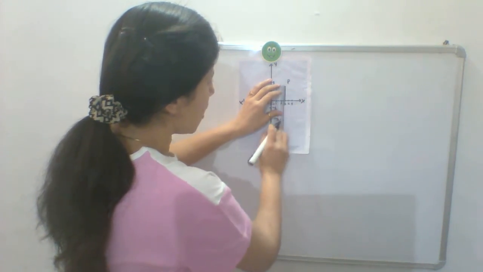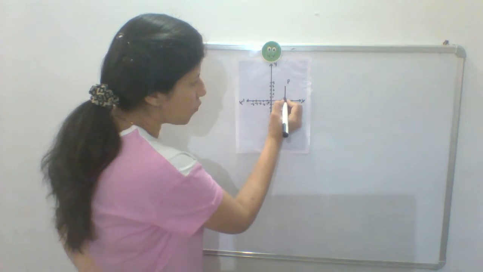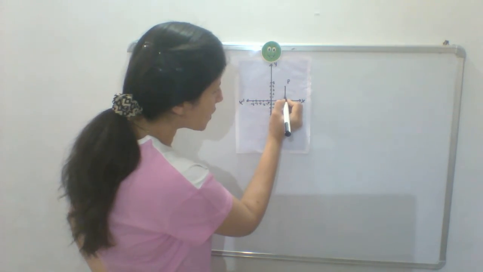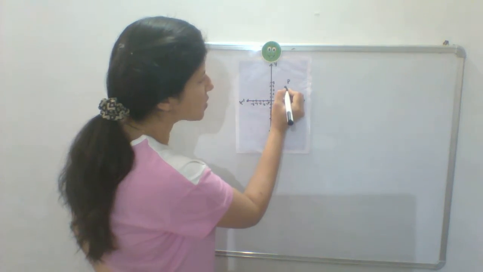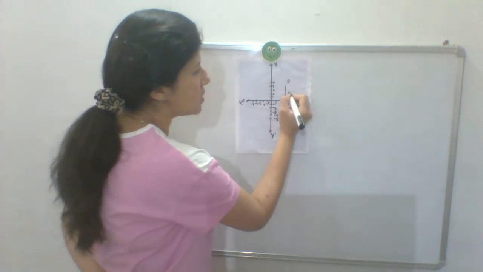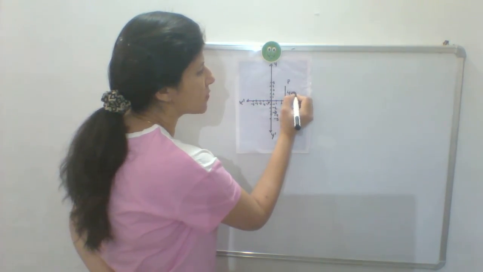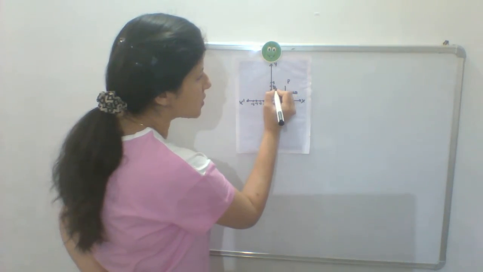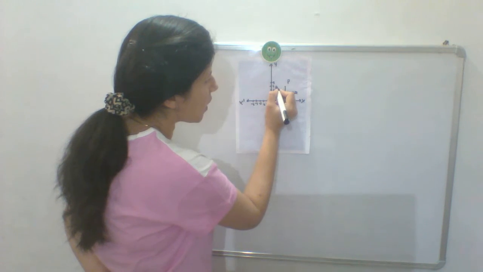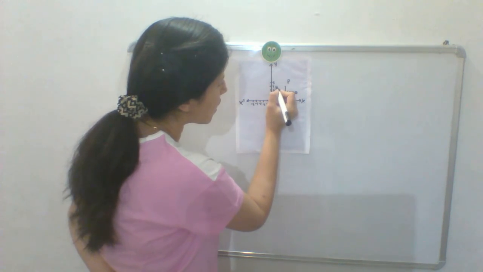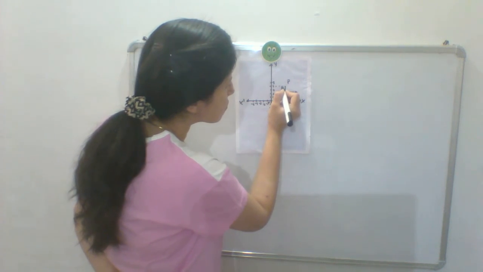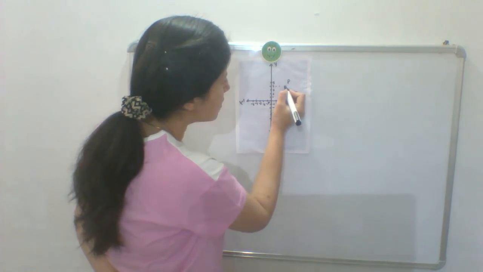You can see how many units are there. This is 1, this is 1, this is 2, this is 3 and this is 4. What is it? 4 units. Right. Now what about this one? This is 1, this is 1, 2 and 3.